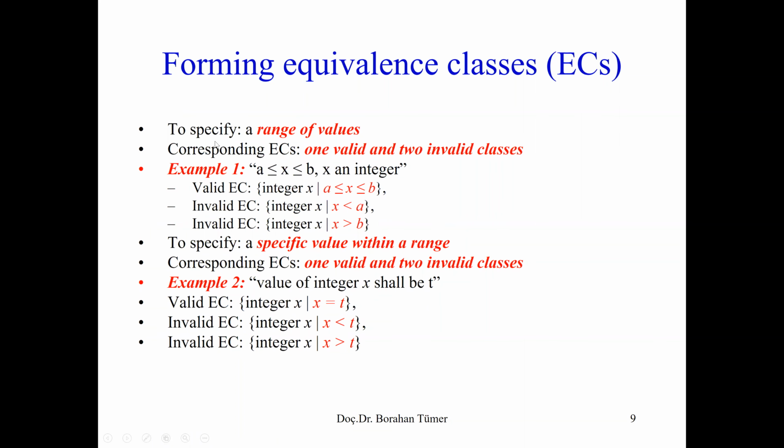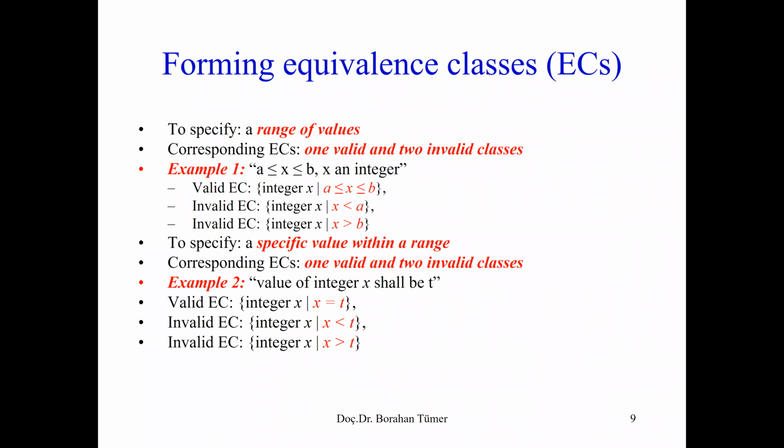For example, to specify a range of values, what type of equivalence class do we need to form? We have to form one valid and two invalid classes of inputs.